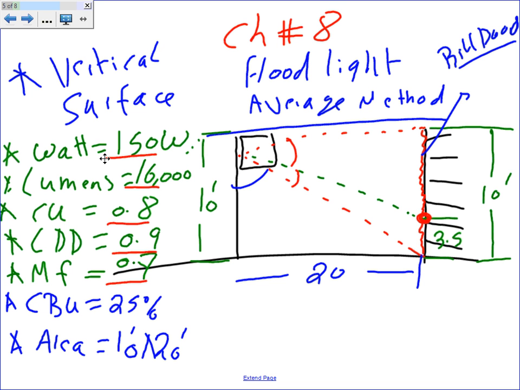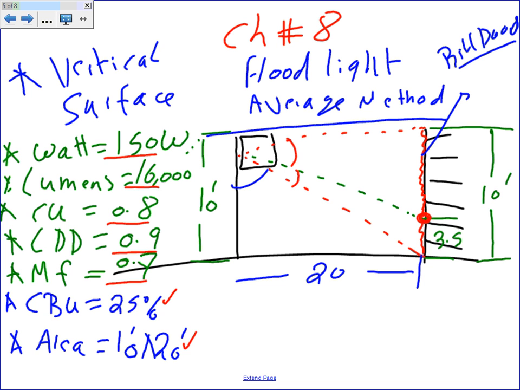Okay, and what do we need to do? We need to find the average foot candle calculation on the surface. I'm giving you that the area is 10 by 20, and the coefficient of beam utilization for this fixture at this location with this type of watt is 25%. If you look in chapter 8, they did the same thing.